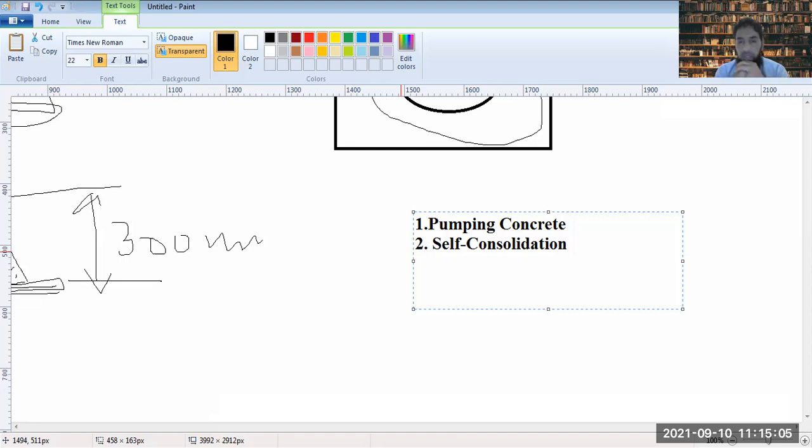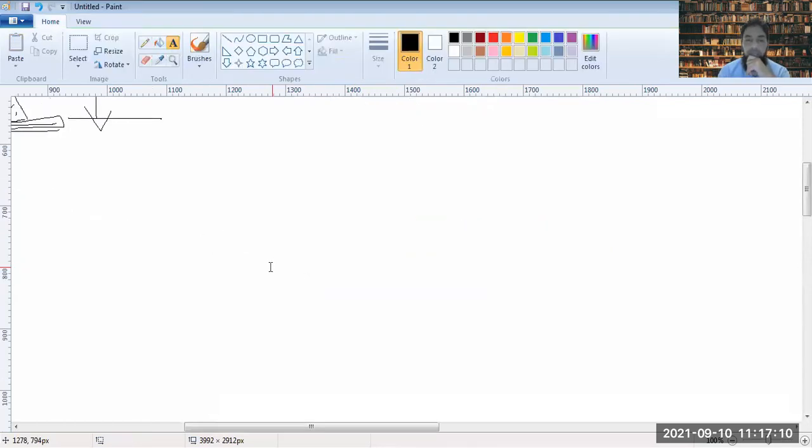So you have different uses of concrete and its workability. Now, you will not be using a high workability concrete in every case. That means when you pour concrete into a beam, for example, this is a beam.